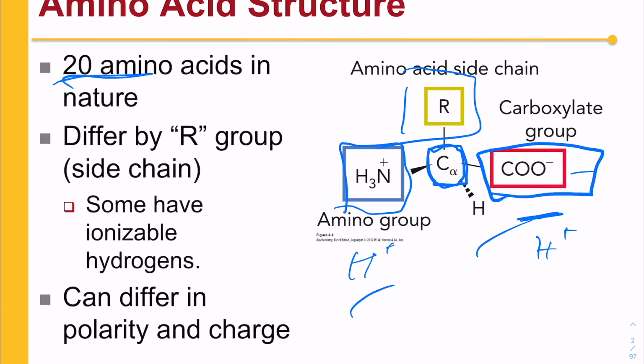Now, the R group is what allows for different chemistry to occur. And so it's within that R group that we'll see the differences in the amino acids. Sometimes some of those R groups affect, let's say, the amino group or whatever, but for the most part, the only difference you're going to see is in the R group.